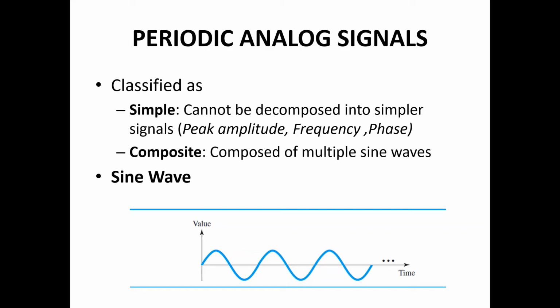Phase refers to the position of the sine wave relative to time 0. For example, if a sine wave is at its highest intensity at time 0, then that is the phase value. So this is with respect to simple signals.